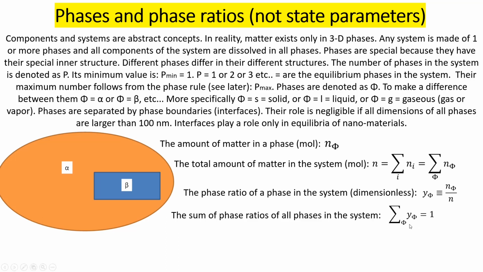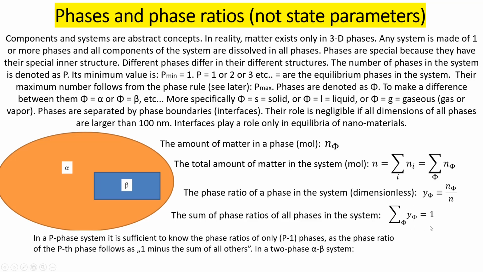Now, from the last equation, we have again a very convenient rule, and this is that if we have a p-phase system, then it is sufficient to calculate, in a quite difficult way, by the way, the phase ratios of only p minus 1 phases. And this is because the phase ratio of the last phase, the pth phase, follows simply as 1 minus the sum of all the others.